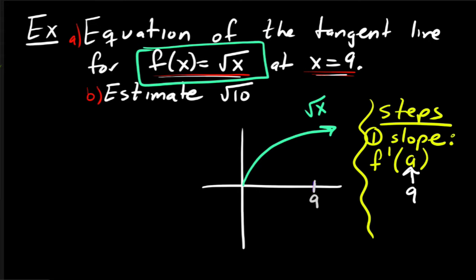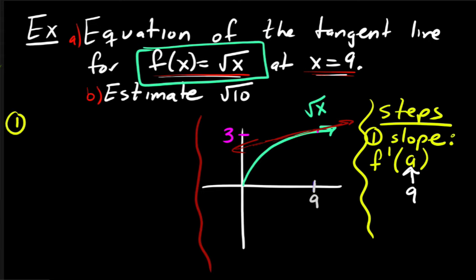Of course, at 9, the y value would be square root of 9, which is 3. So what I'm looking for is the equation of this line, the tangent line right here. Let me draw that. So that's the equation of this line that I'm looking for.